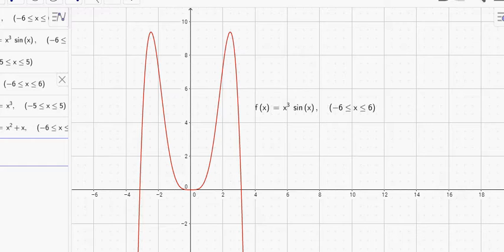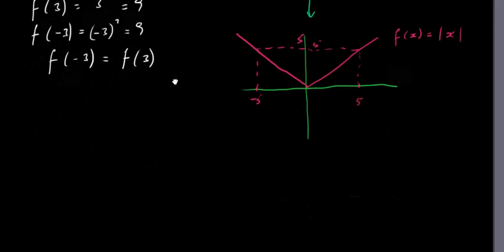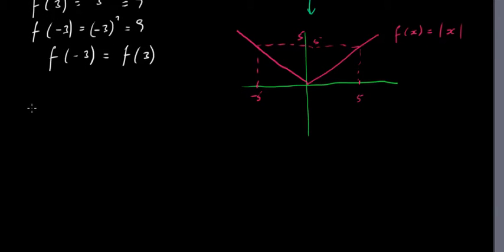Now, how do we actually go about checking that? Well, let me just write it out and we'll work our way through it algebraically. So our function here is f of x is equal to x cubed sine x. As I say, looking at that initially, you can't see immediately that it's an even function.